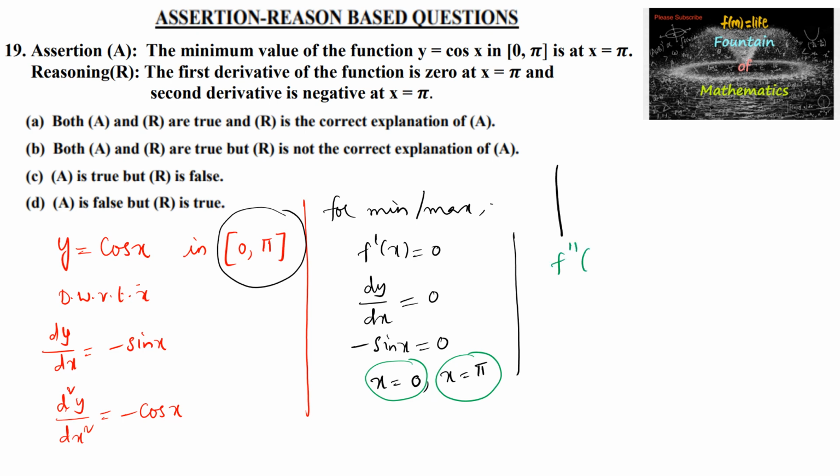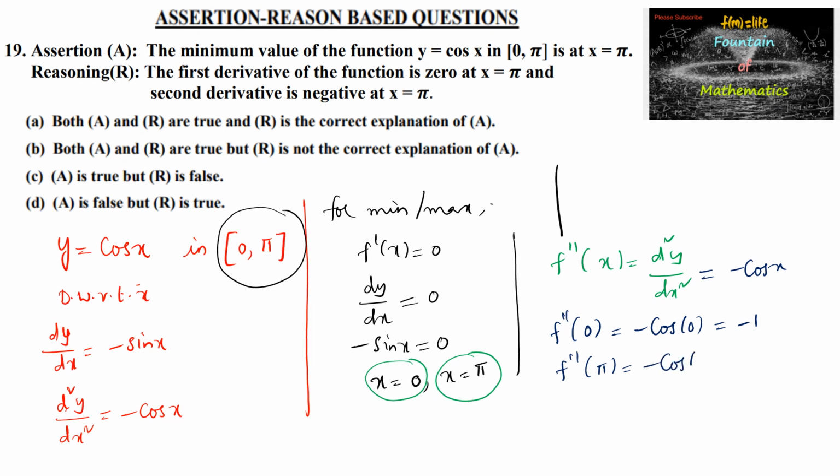Now f double dash of x is equal to d square y by dx square, which is equal to minus cos x. Let us substitute: f double dash of 0 is equal to minus cos of 0, that is negative 1, and f double dash of pi is equal to minus cos of pi. Cos pi is negative 1, so minus of minus 1, which is plus 1.